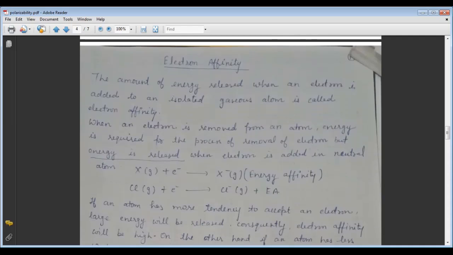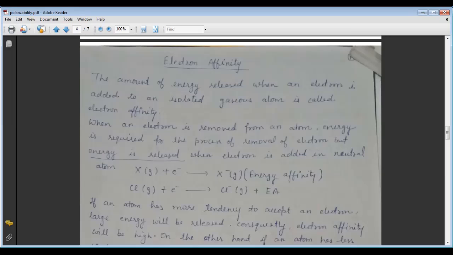Earlier, in ionization energy, we removed the electron, and in electron affinity we bring the electron in. So the amount of energy released when an electron is added to an isolated gaseous atom is called the electron affinity. Clear?